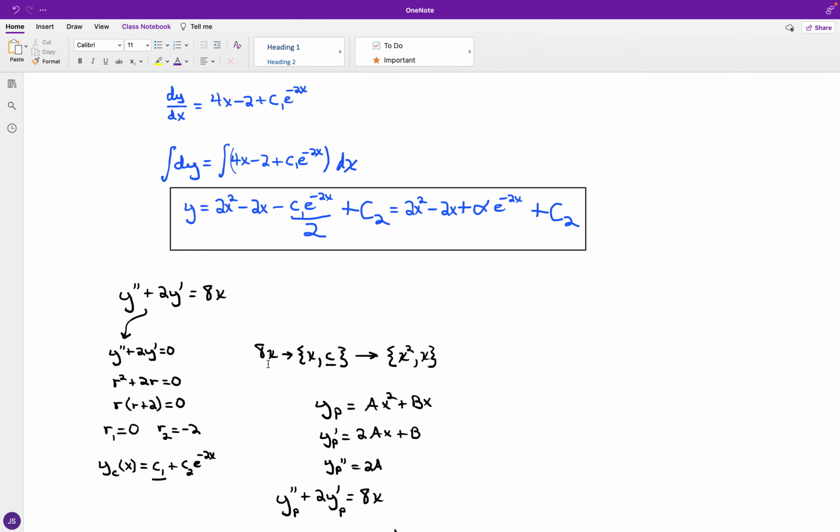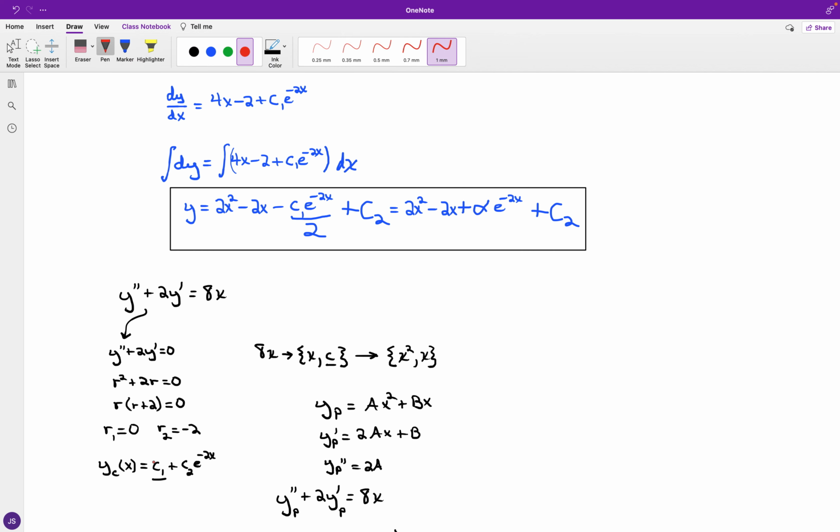And with 8x, if I look at breaking it down in terms of the variable expression and the family of derivatives, we have the variable x, and its derivative goes to a constant. And if you notice, with the constants, there is a duplication.